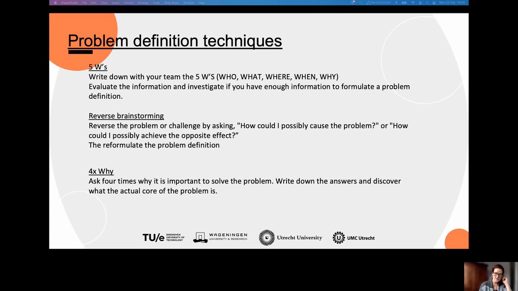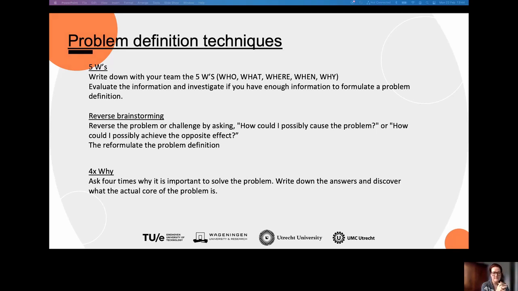Reverse brainstorming is also a very interesting one. It's the same as wishful thinking, but the other way around. So you reverse, in a sense, the problem by making it worse. So you ask yourself and your team members, how could we possibly make the problem worse?